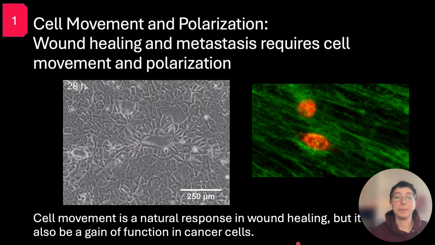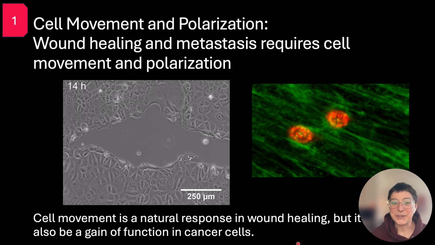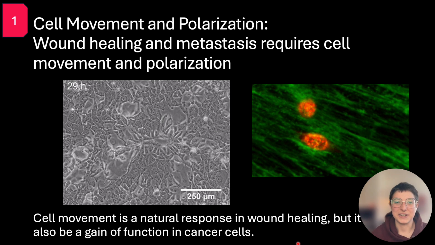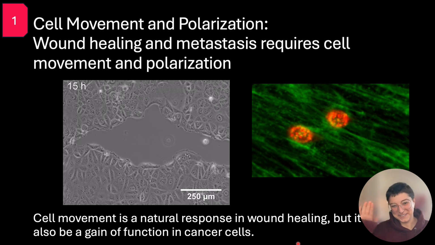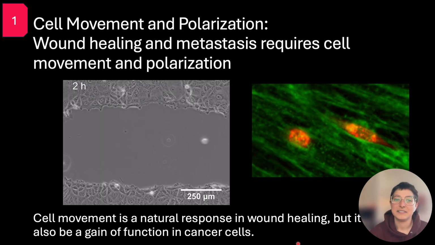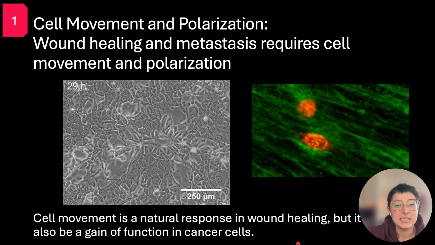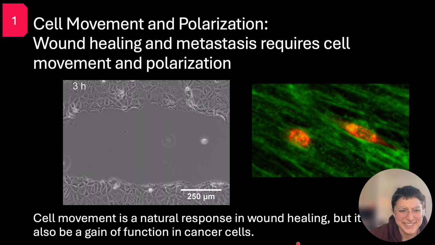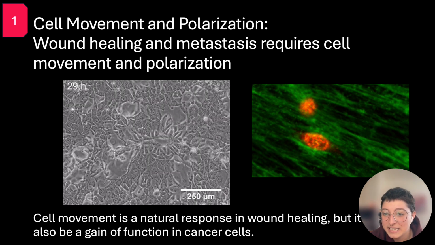A bunch of other ones, but metastasis is a huge problem in cancer. If we could figure out how to slow them down or stop them moving, that would also be great. So yeah, you should care, basically, is what I'm saying.